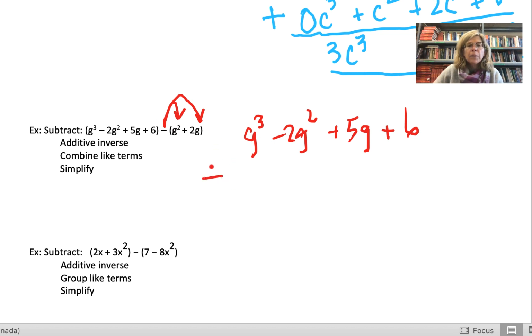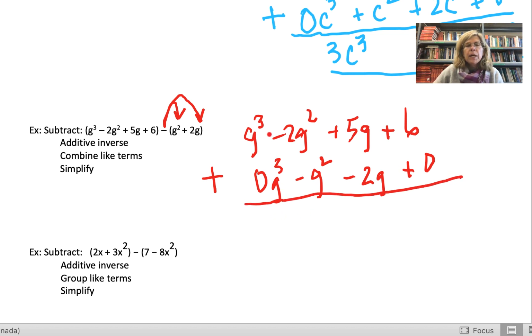And then now instead of subtracting, we can add because we've distributed the sign. So then we can add and we can say, okay, it's minus g squared, so there is no g cubed. So that's a 0 g cubed. And then minus g squared. And this would be a minus 2g. And then there's no constant.